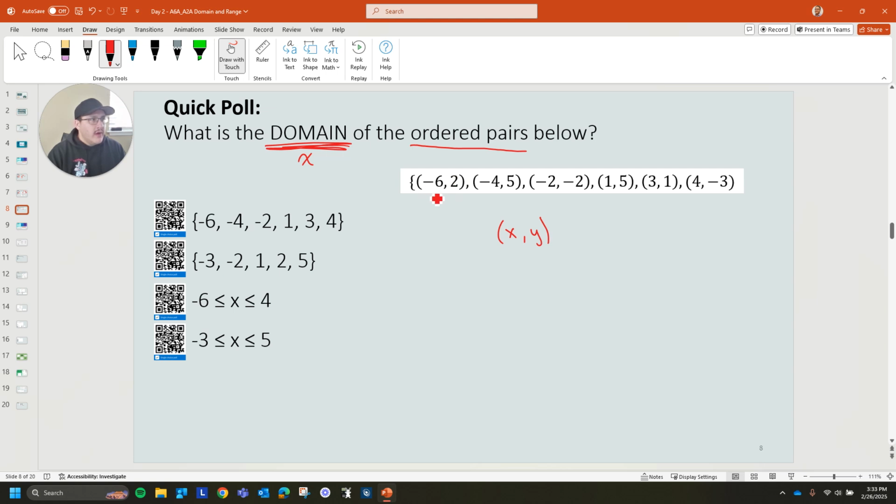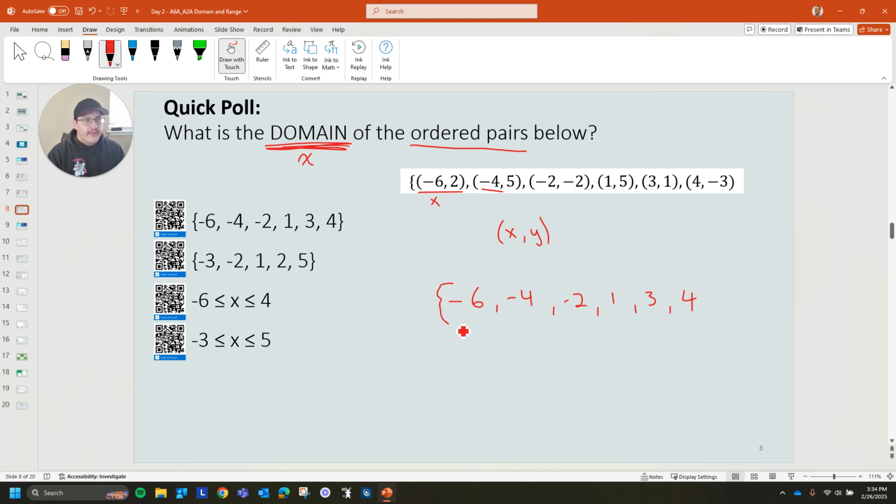So with each of these ordered pairs, they're all separated by parentheses here. So this is the first ordered pair. My x value for that first ordered pair is negative 6. The next one is going to be negative 4, negative 2, 1, 3, and 4.